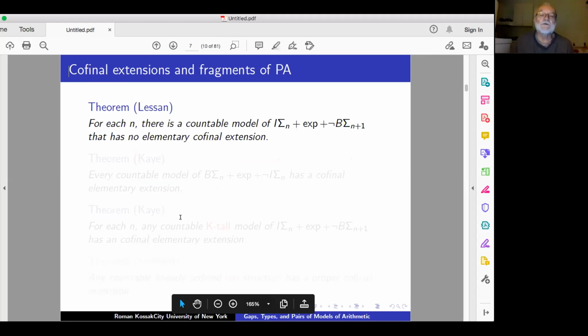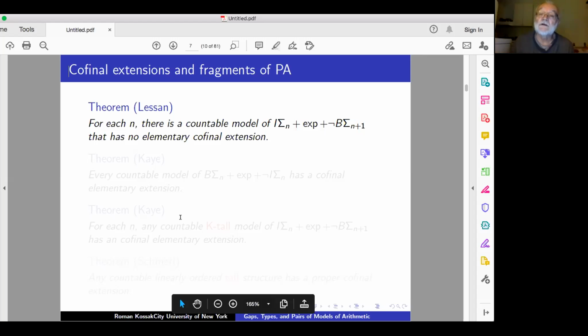So it's been known since Lessan's thesis from the 70s that those elementary cofinal extensions do not always exist. You can have models of I sigma n and not B sigma n plus 1 with no elementary cofinal extensions. They turn out to be too small. And the examples here are those pointwise definable models.